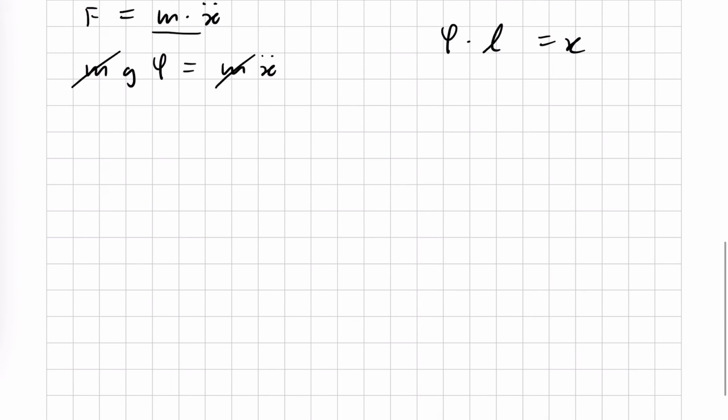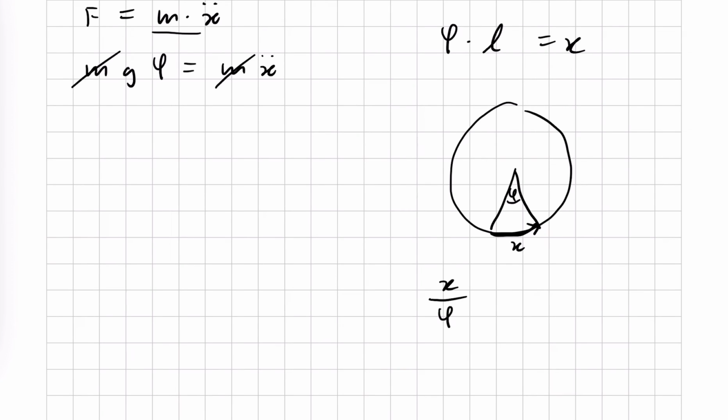Because if you assume a circle with an angle phi and an arc length of x, then the ratio of x to phi, or maybe better, phi to x, is the same as the whole circle 2 pi to the circumference of the circle, which is 2 pi times, we call the radius L.